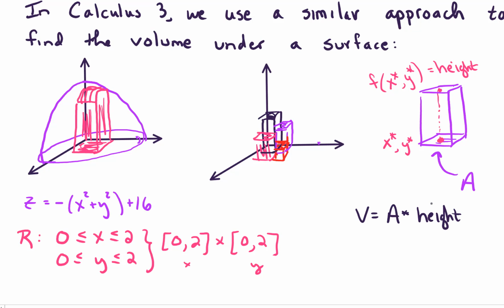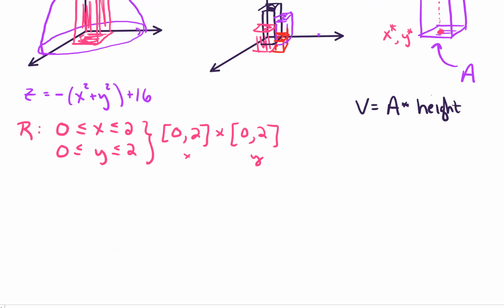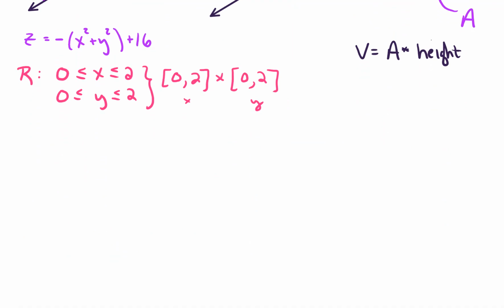Okay, so let's make this more precise. Here's our game plan, and then we'll get to some examples. The game plan is that we're going to take a big sum, from i equals 1 up to m. We'll also need to sum up the number of rectangles going in the other dimension.